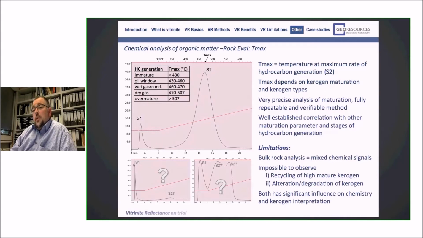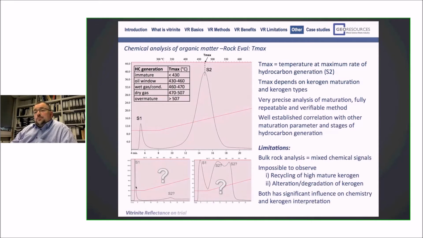But sometimes even in the pyrolysis diagrams, we see that there is something very strange. S1 here, S2, this is the real S2, this little hill over here. Or here, even worse, we have the S1 peak, and then we have a double peak. So it's S2 here or S2 here, changing the Tmax completely, changing the maturation interpretation completely.